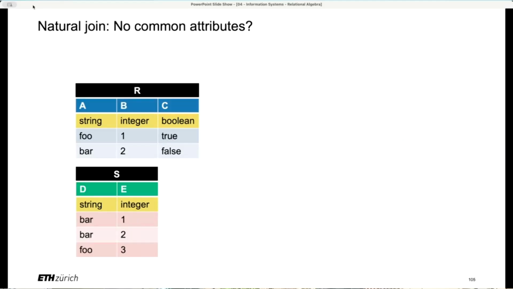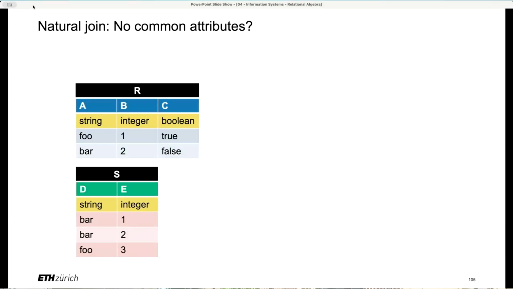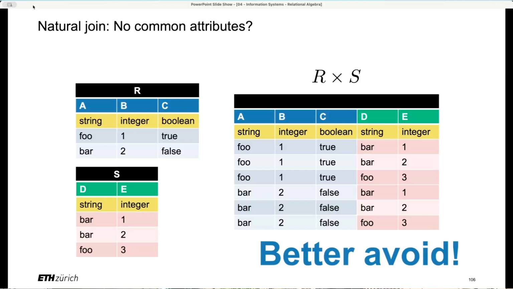Likewise, what if the tables do not have any attributes in common? Here it's B integer, B Boolean that do not match. Here there's no attribute in common: ABC does not overlap with DE. So you see, technically it's the whole Cartesian product. That's for the mathematicians, because when you say that all attributes have to match, and you say all of an empty set, that's called universal quantification on an empty set, and it's always true.